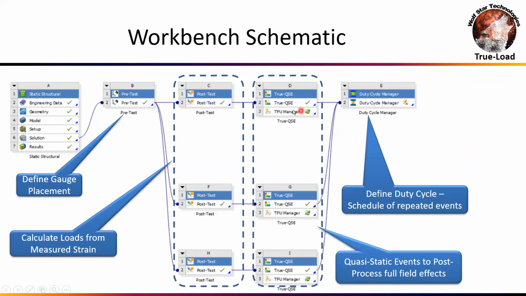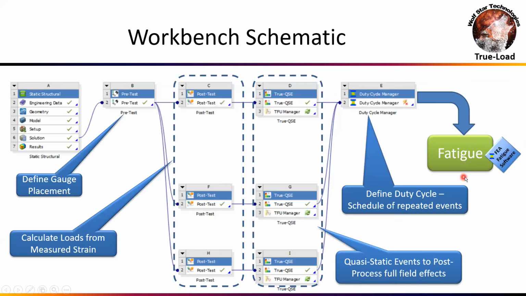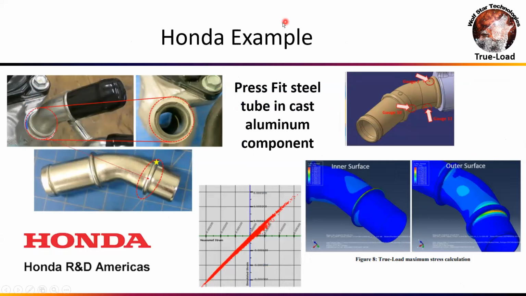So I can say I want 5 repeats of the first, 10 repeats of the second, and maybe 30 repeats of the third. Mix those into our duty cycle manager, and then it will push that off to your fatigue software so you can do fatigue analysis. So even though this is Workbench, it's a nice overall flow showing you how this all works in real life. Okay. So now we're going to get into a bunch of customer examples.